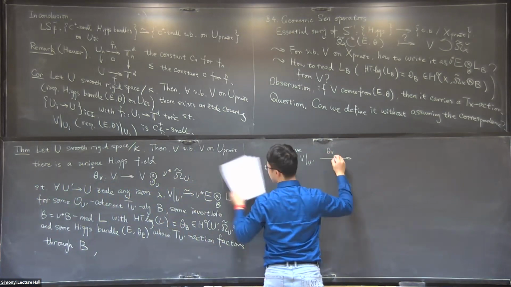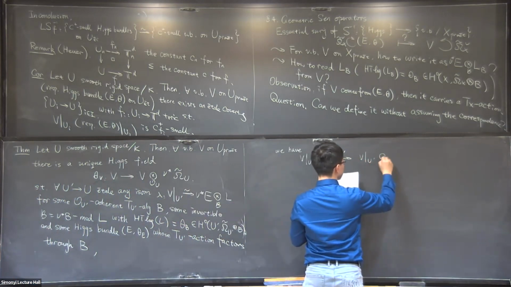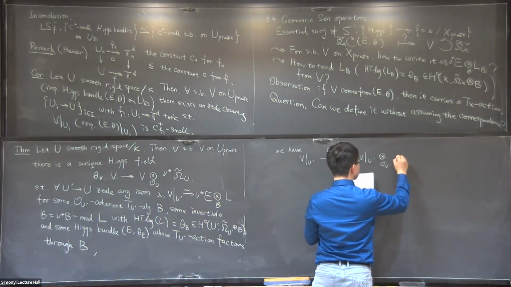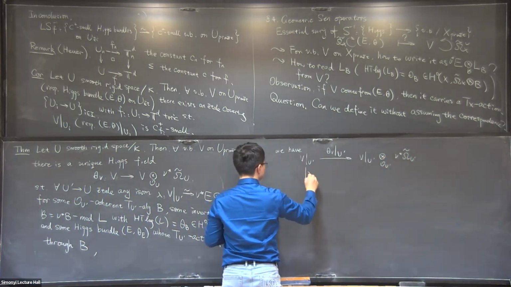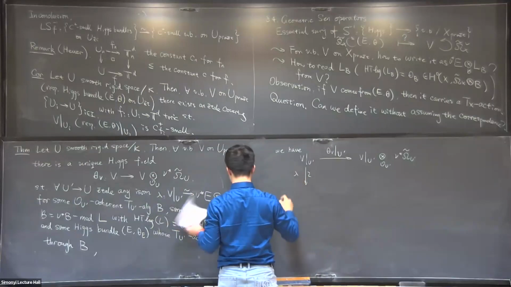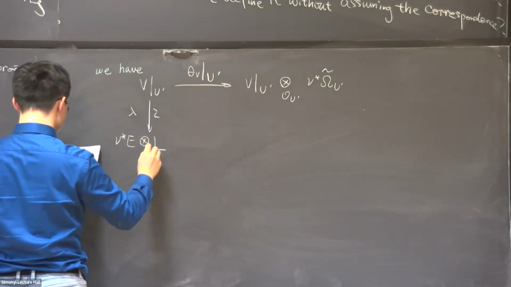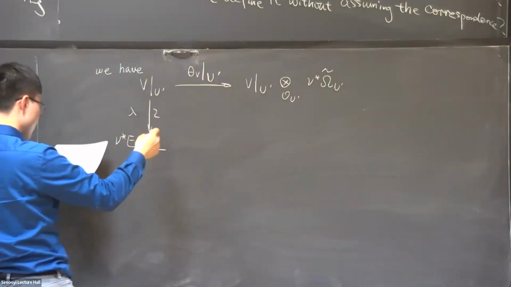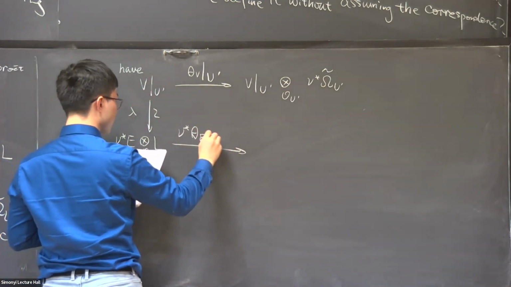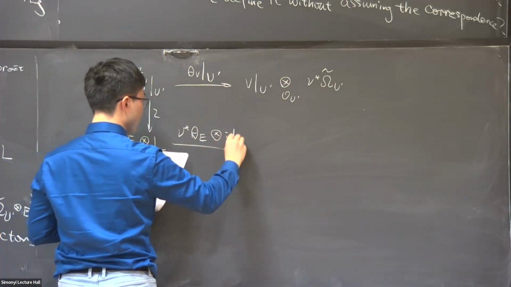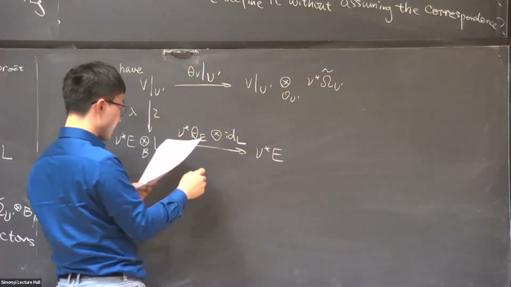So when we restrict this canonical Higgs field to this open, then we use this lambda isomorphism given in the condition. Then this lambda isomorphism will interpret this canonical Higgs field to the local Higgs field like that, because E is a Higgs bundle, as I assumed.